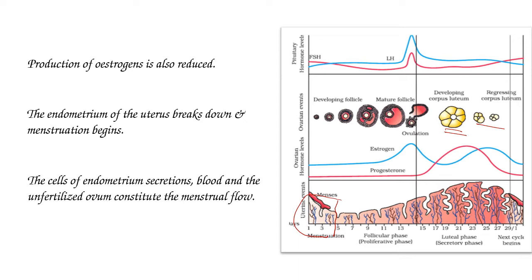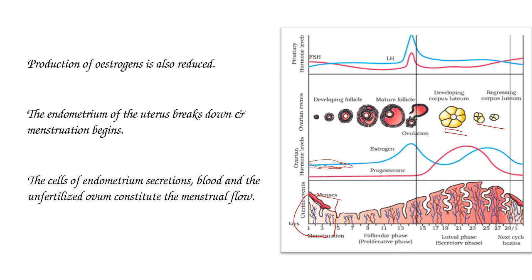That LH is produced by the pituitary gland. And in the same way, the estrogen levels, that is the ovarian hormone, are also reduced during this menstrual flow initially. Here, the blue one, the estrogen levels are also reduced during the menstruation phase.